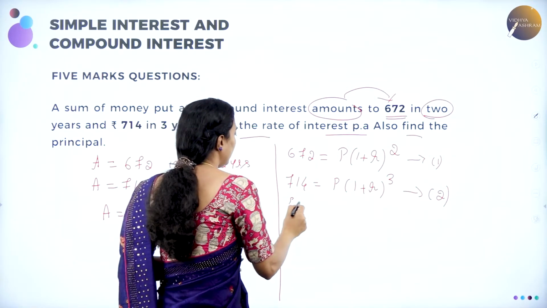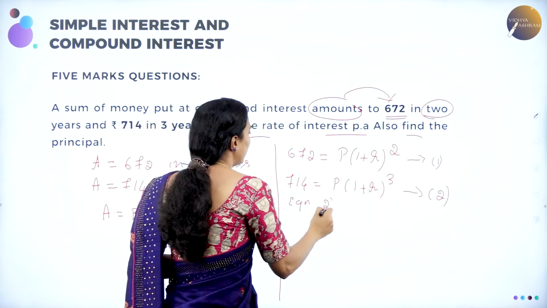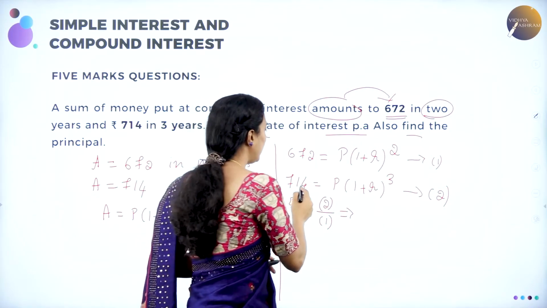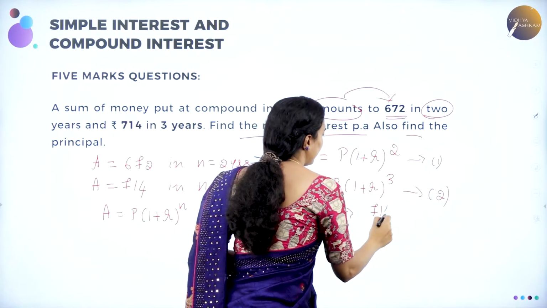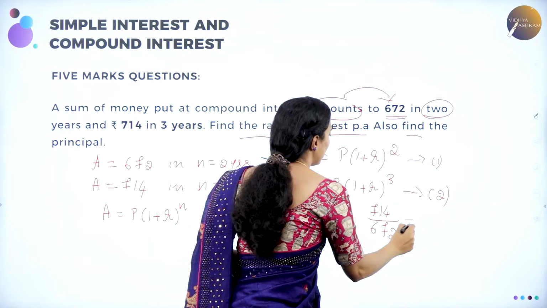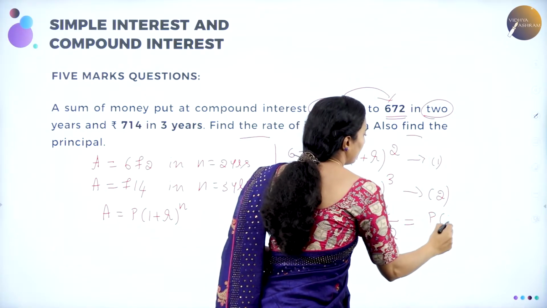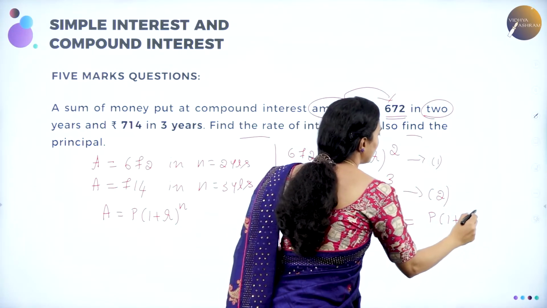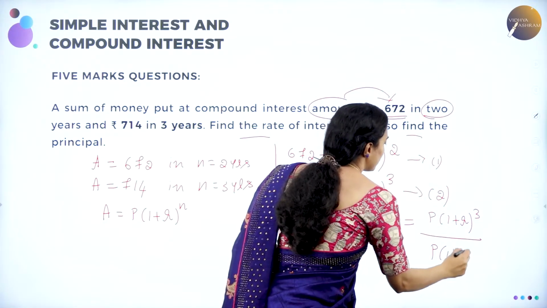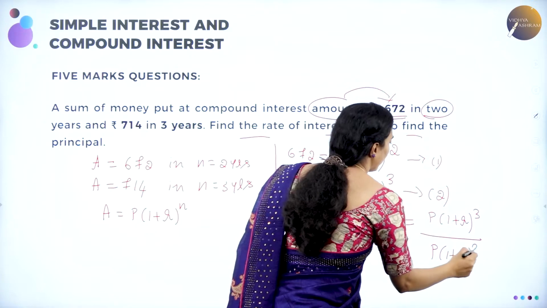So, by doing equation 2 divided by equation 1, on the left hand side we get 714 divided by 672, is equal to P into (1 plus R) whole to the power of 3 divided by P into (1 plus R) whole squared.